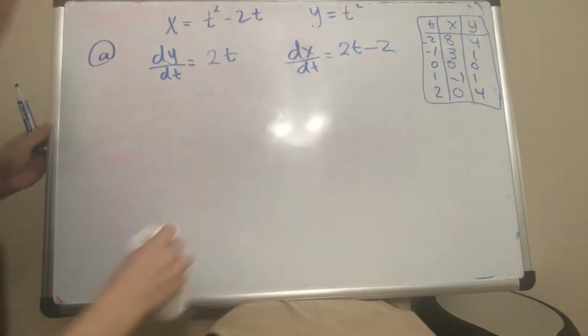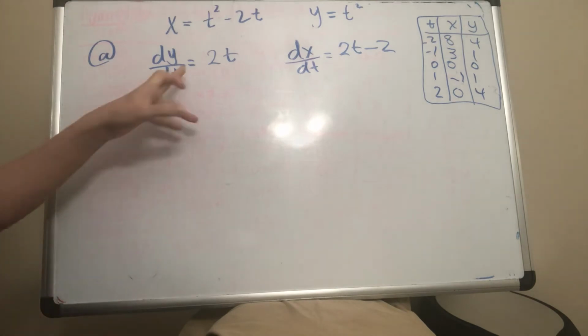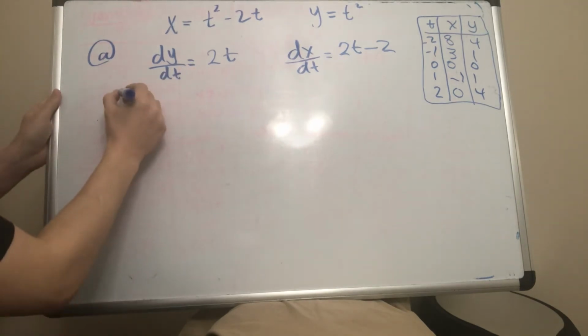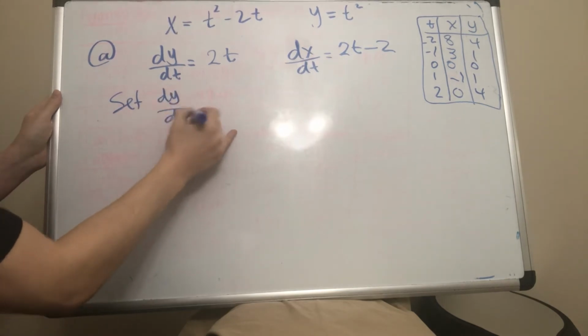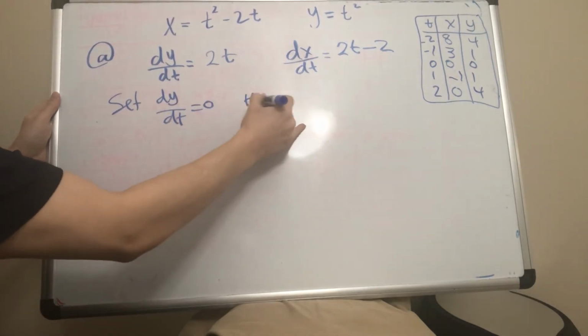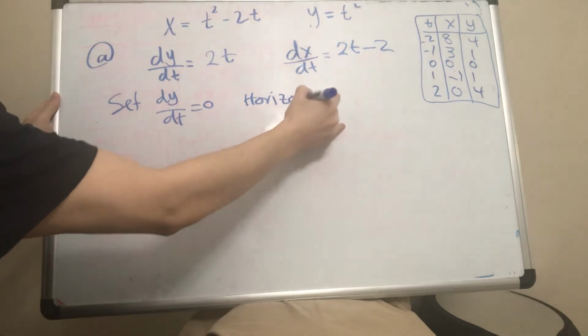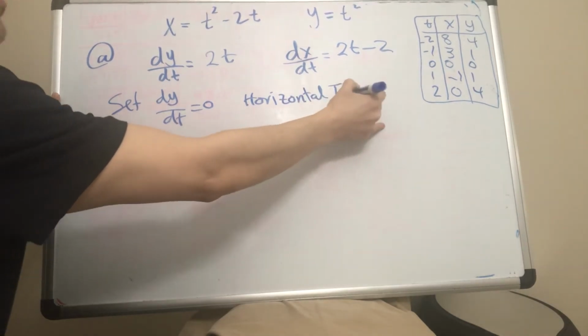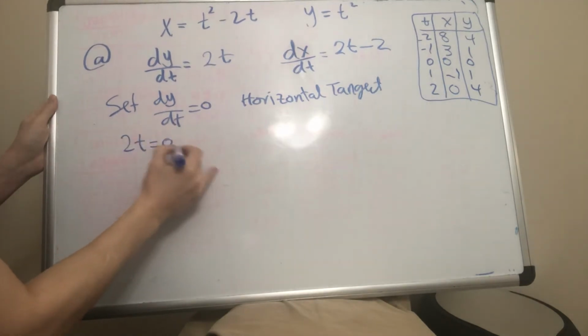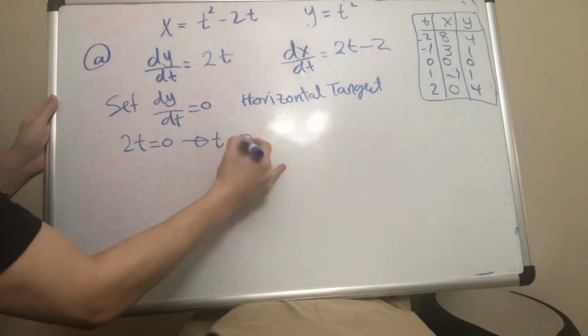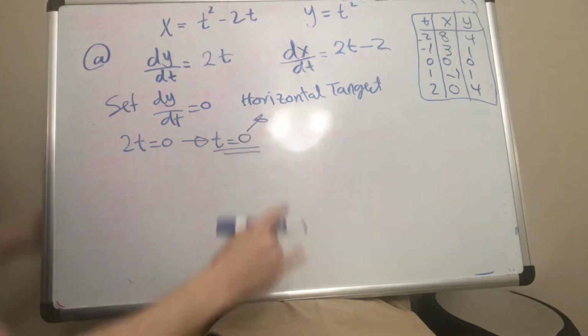You can also use the fact that these are the derivatives. If you set dy over dt to 0, you get what's called a horizontal tangent. So 2t equals 0, meaning t equals 0, we have a horizontal tangent.